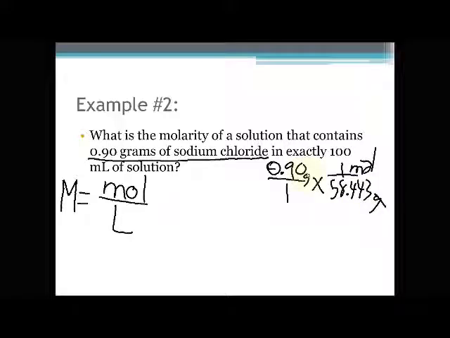I have to put grams with this. Then your grams cancel out, and that ends up equaling 0.0154.